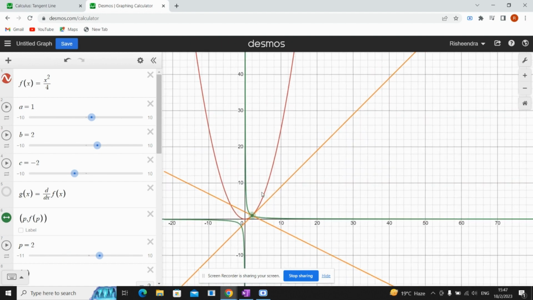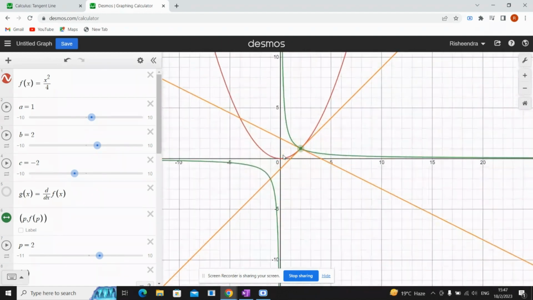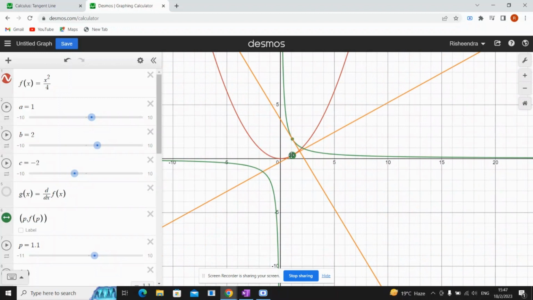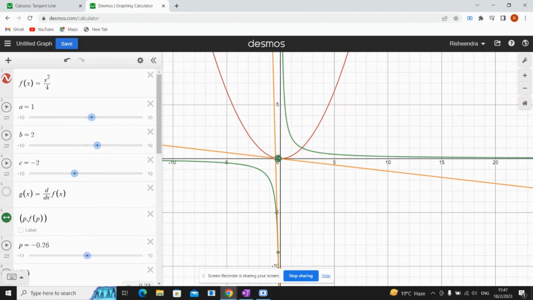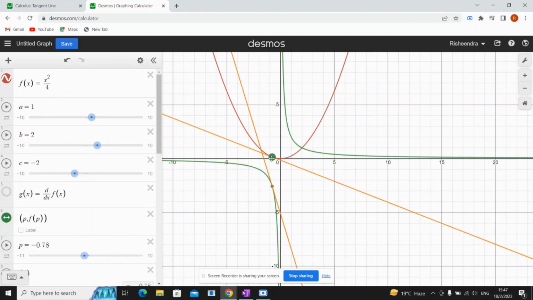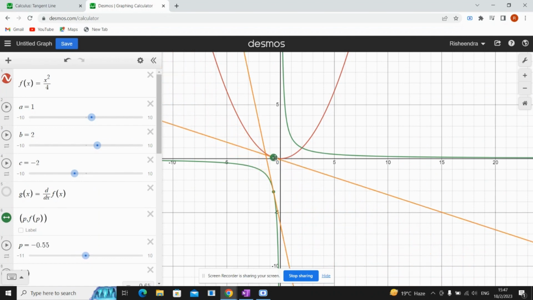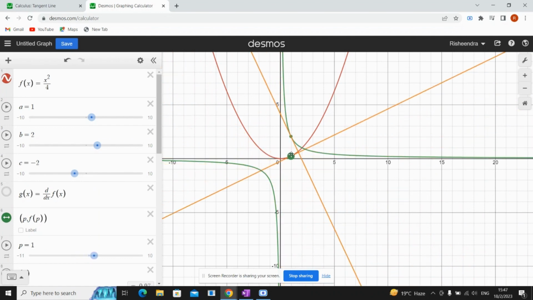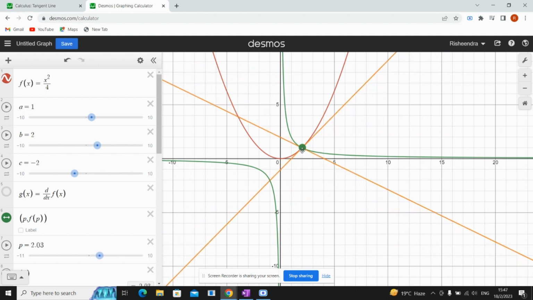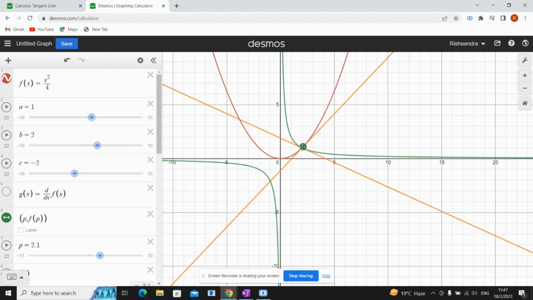If you observe closely, as I move this point, one becomes a tangent to the green line, and the other is a tangent to the red line. We have to find the angle between these two lines at this particular point. What point? (2, 1).